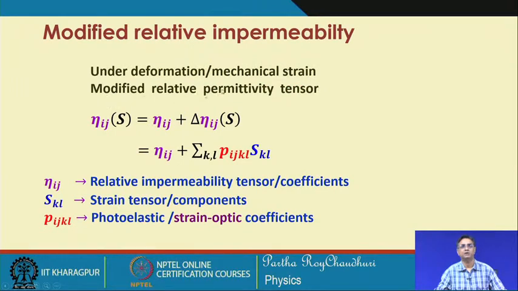So, under deformation or this mechanical change, the modified relative permittivity tensor is given by this, where this is the impermeability in presence of the strain, this is the impermeability without strain, and this is the strain induced change in the impermeability, which can be represented by this tensor, that is P_ijkl S_kl.